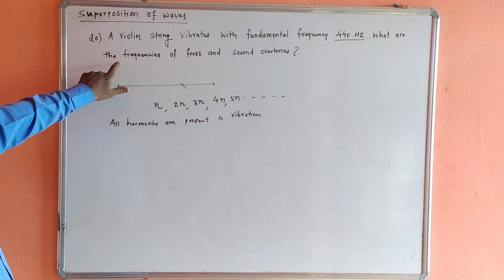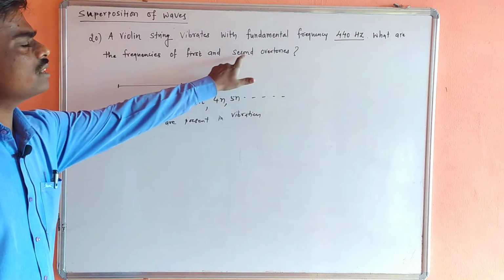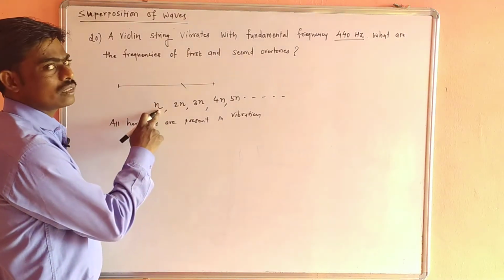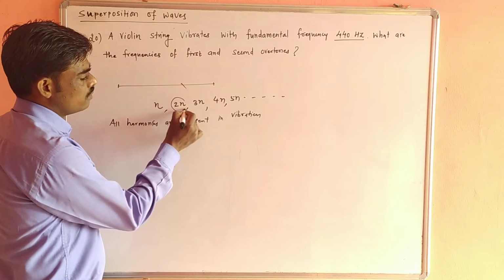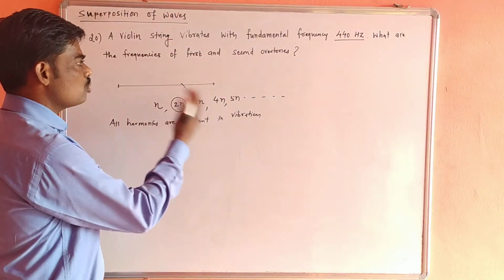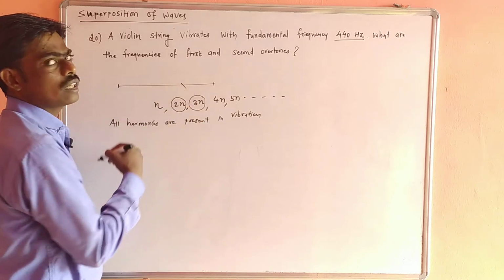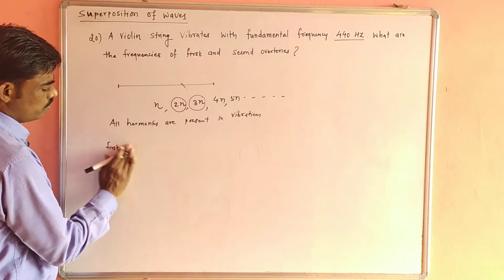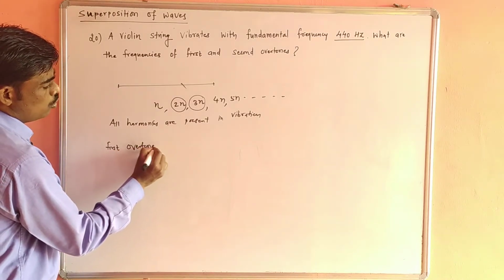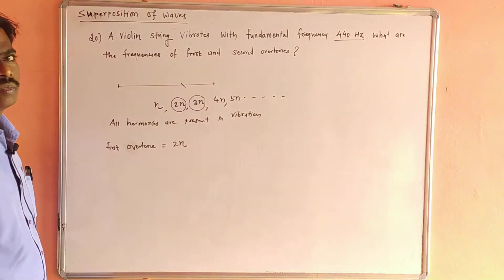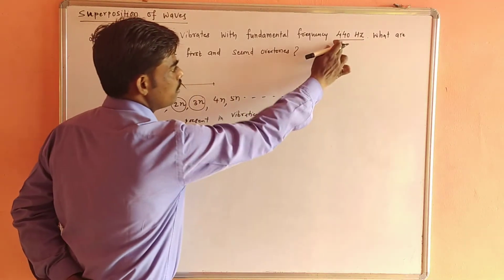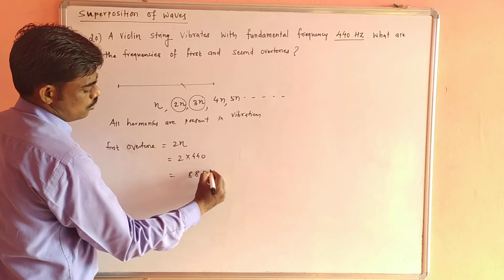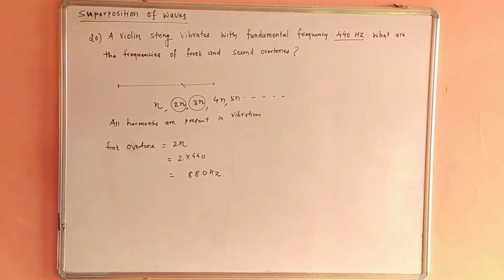And what do we require? See this problem. We require frequencies of first and second overtone. So the frequency which is immediately after the fundamental frequency will become the first overtone, and the frequency next to this will become the second overtone. So first overtone will be 2n, and the fundamental frequency is given to you, so the answer will be 880 hertz.